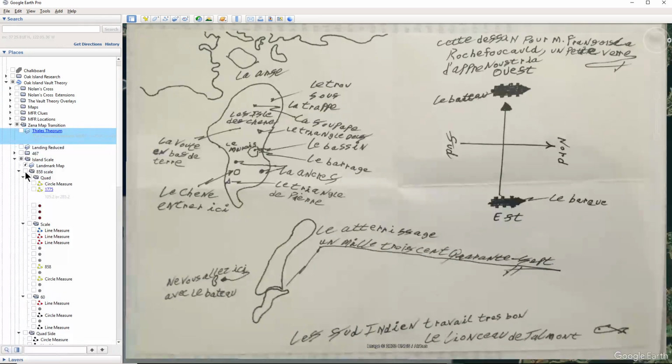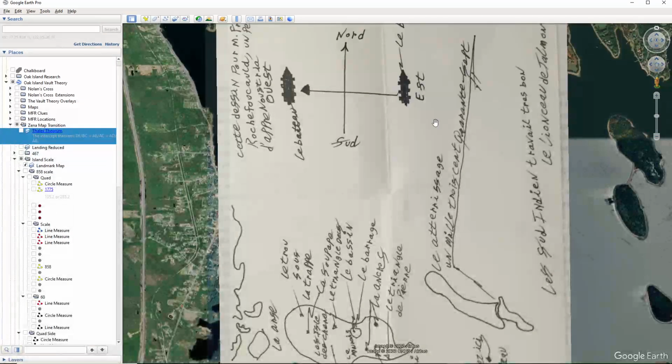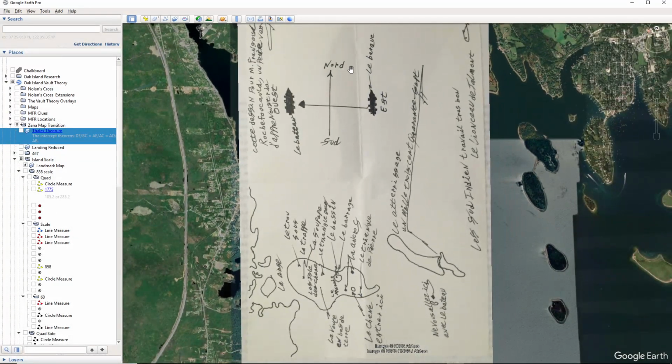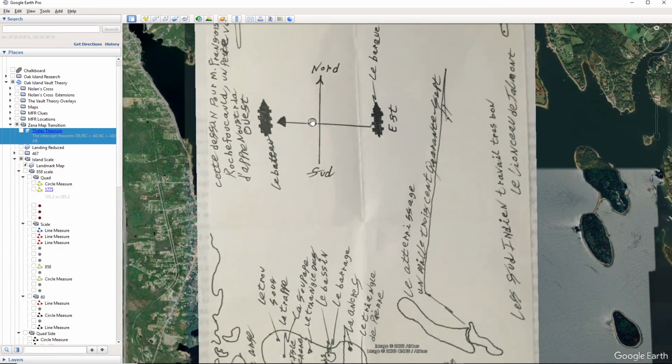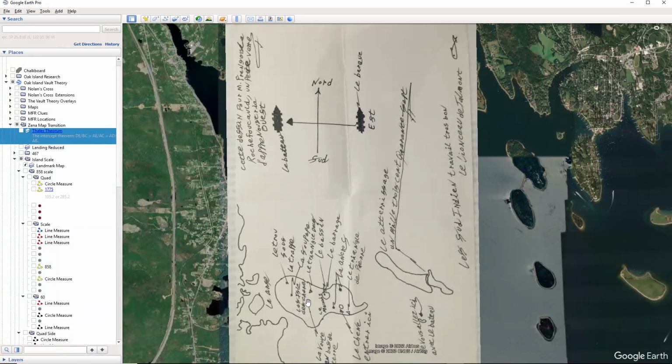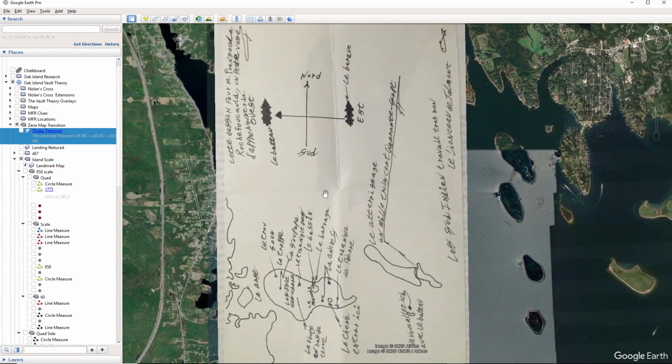So first, we're going to orient this to north-south, because this is one of the reasons why this quadrant is situated in this way. It's for the ability to project what we're going to do onto the island side of the document.